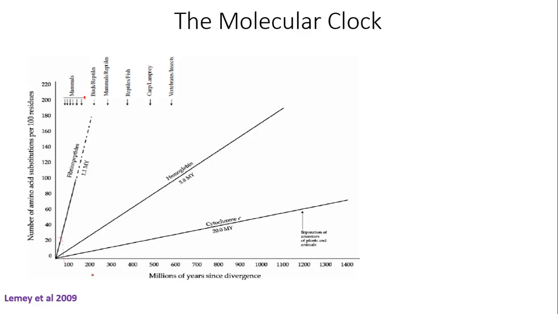Now, as the time in evolutionary history increases, the number of mutations also increases linearly. Note that this line of hemoglobin increases linearly until we trace the earliest vertebrates that shared a common ancestor somewhere around 600 million years ago.